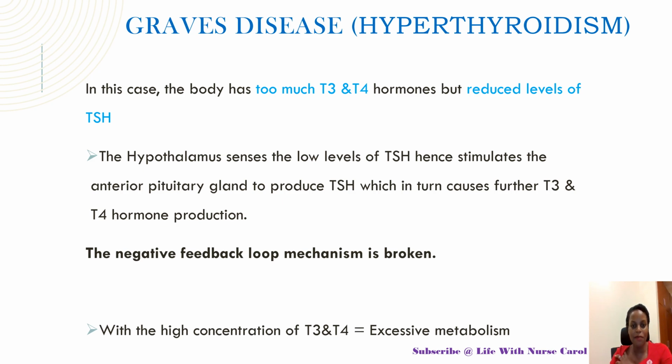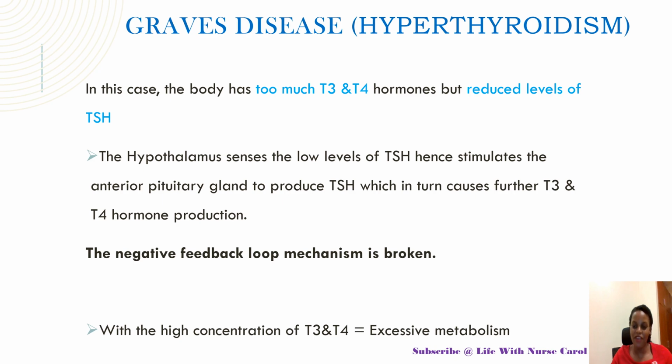So the hypothalamus senses the low levels of TSH, hence stimulates the anterior pituitary gland to produce more TSH, which in turn causes further T3 and T4 hormone production.